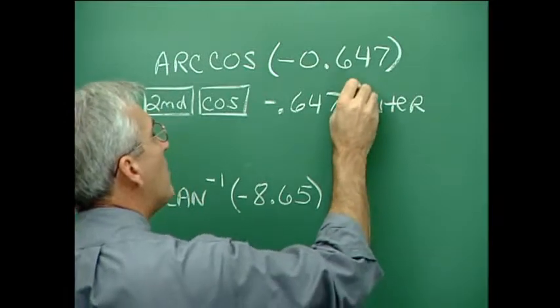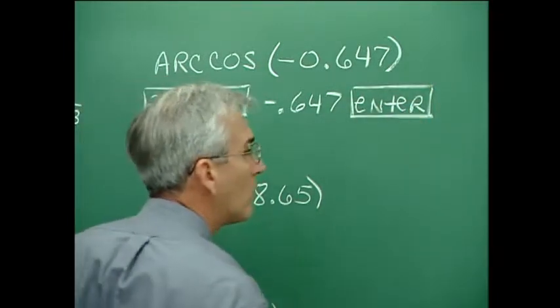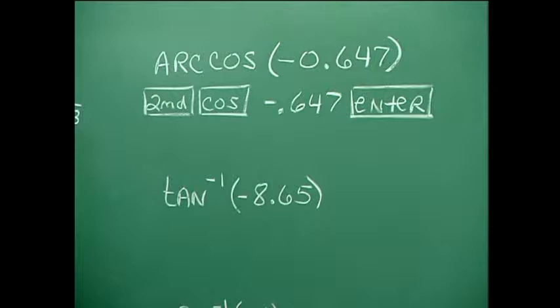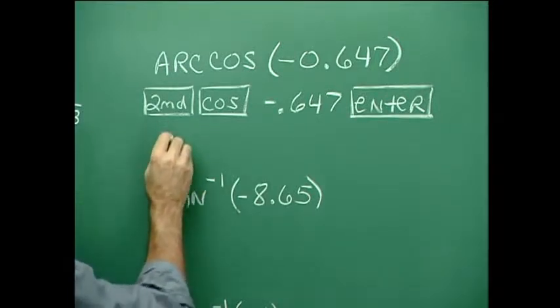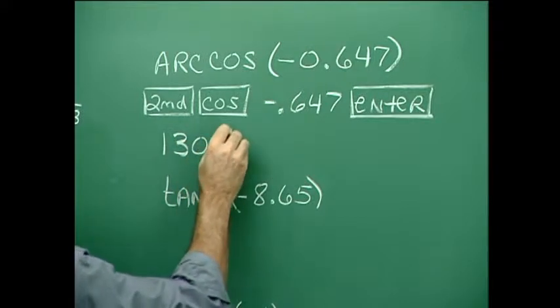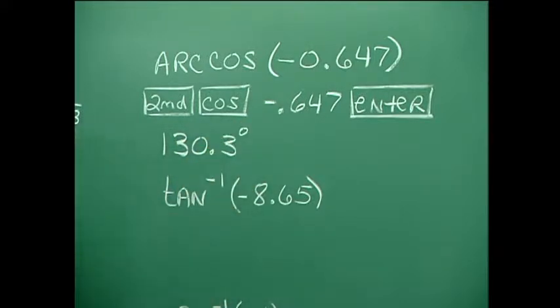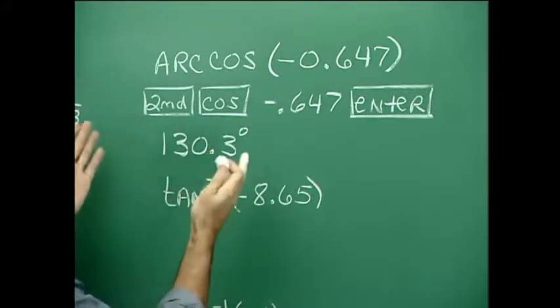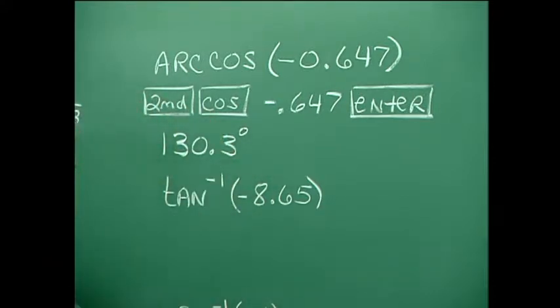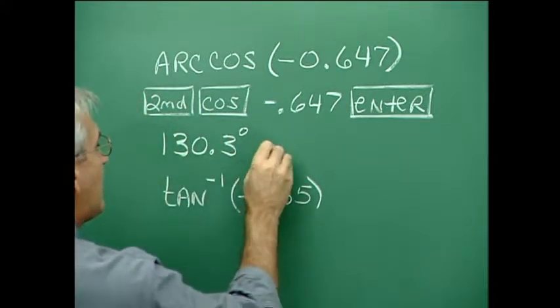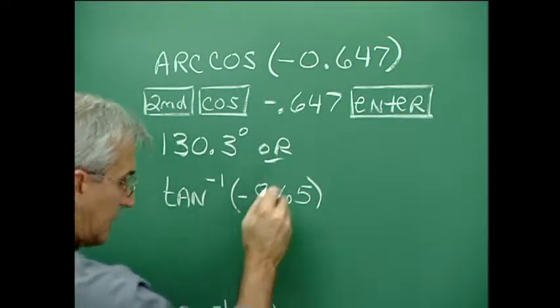And depending on the mode of your calculator, it will give you the answer in degrees or in radians. If you're in degree mode, the angle is approximately 130.3 degrees. I have it written off camera here. I'm reading it and writing it. I can't calculate these things on my own, you know. And if you're in radian mode, the calculator says that it's 2.27.